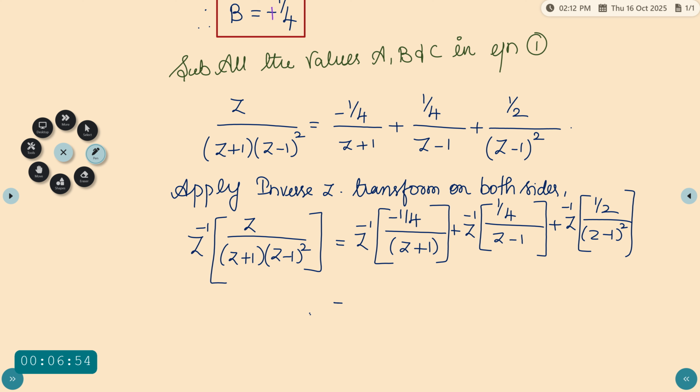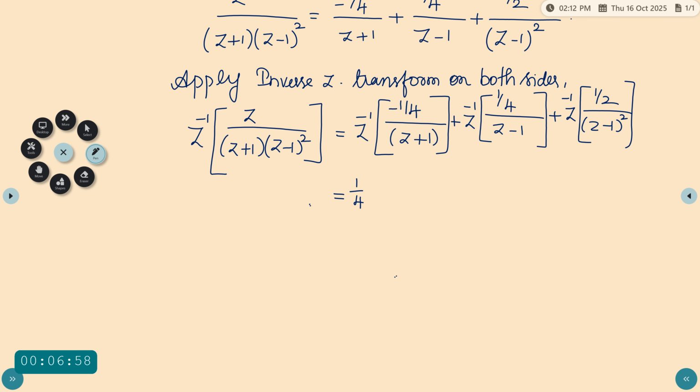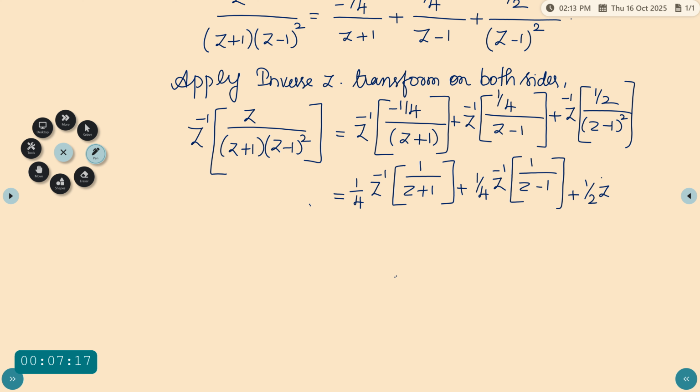Taking the constant outside, 1 by 4 into Z inverse of 1 divided by Z plus 1. Same here also, taking the constant outside, 1 divided by Z minus 1. Here, taking the constant outside, 1 by 2, Z inverse of 1 divided by Z minus 1 the whole square.